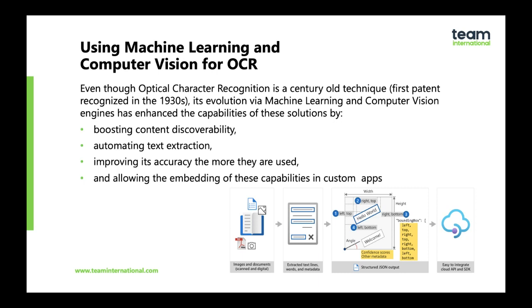This is the case for something like Nintex K2, where in this example we are going to be using Azure Cognitive Services, the Azure Computer Vision solution, as our OCR tool of choice for this specific scenario that we are going to be showing today.